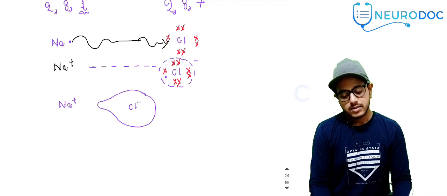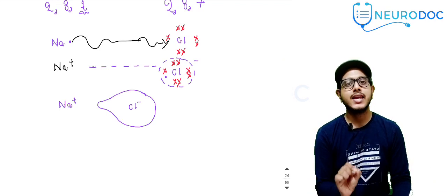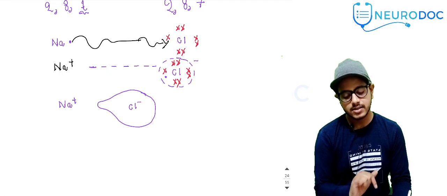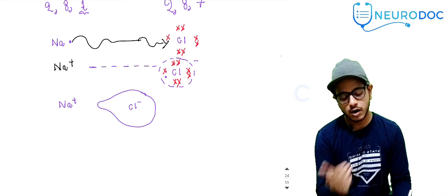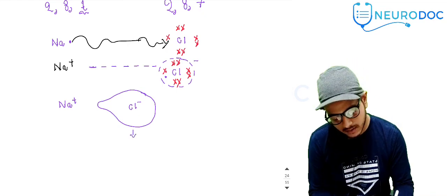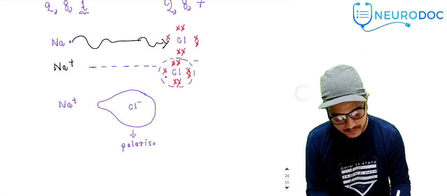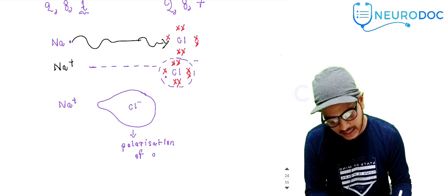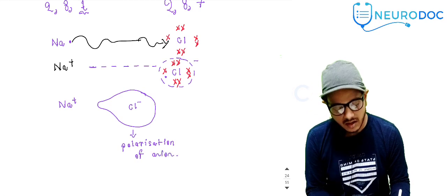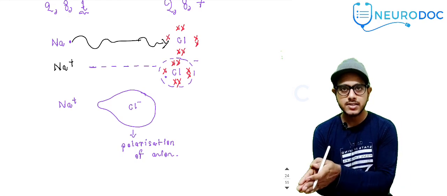Okay, this is known as polarization of the anion. What is the anion? The anion is the chloride ion, Cl minus. So we call this polarization of anion. What caused the anion to be polarized? That is Na plus.